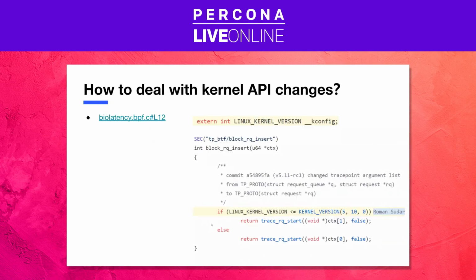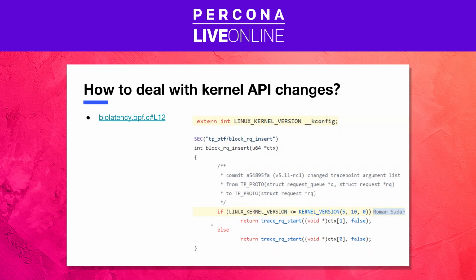So how to deal with kernel API changes? Another scenario that causes BPF compatibility issues is kernel API changes. For this case, BPF CO-RE provides two complementary solutions: libbpf provides extern Kconfig variables and struct flavors. Libbpf externs are a simple idea.